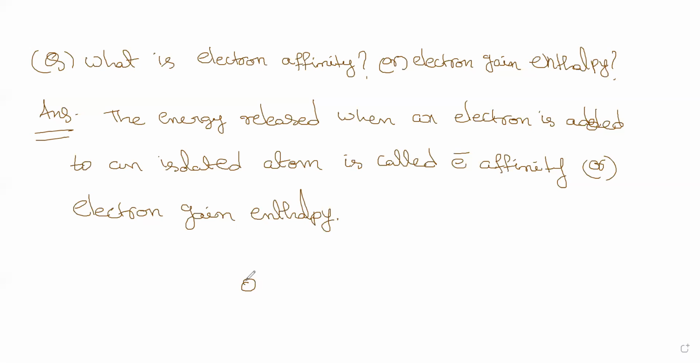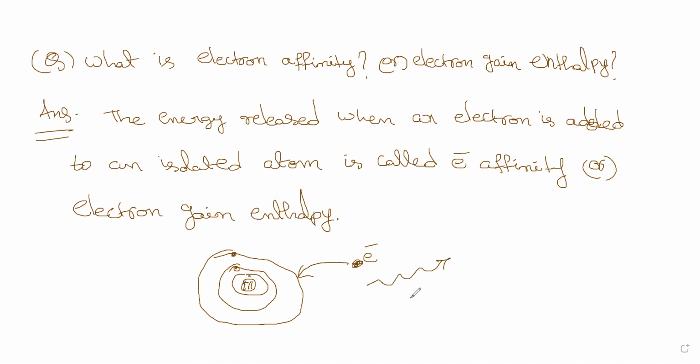Now there is an atom. You take an atom and in that atom some electrons will be there. We know that very well. Now from outside you are giving an electron to this. During that process some energy is released. Some energy is released when you add an electron to the neutral atom.